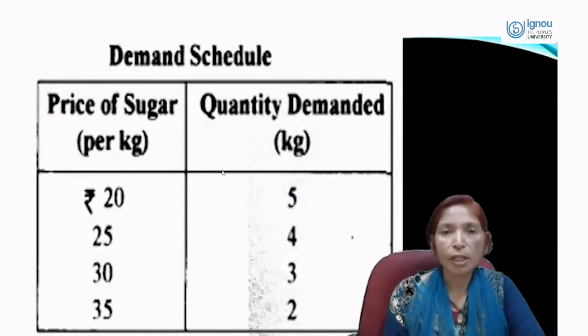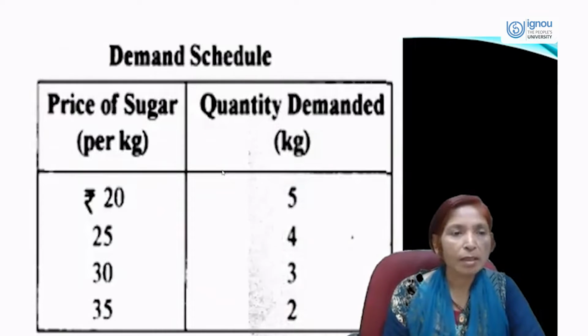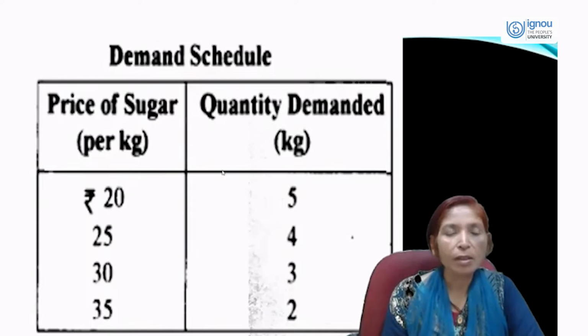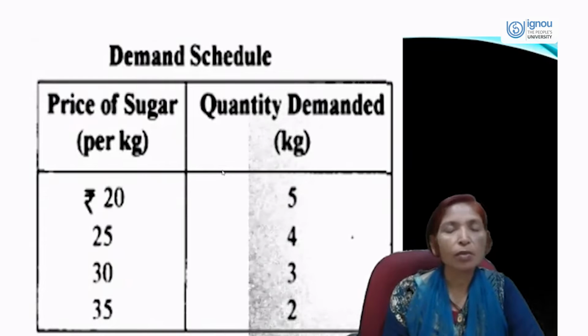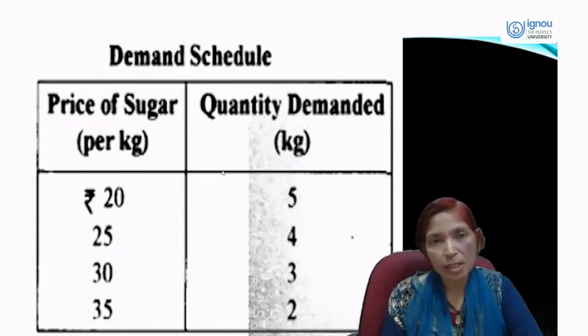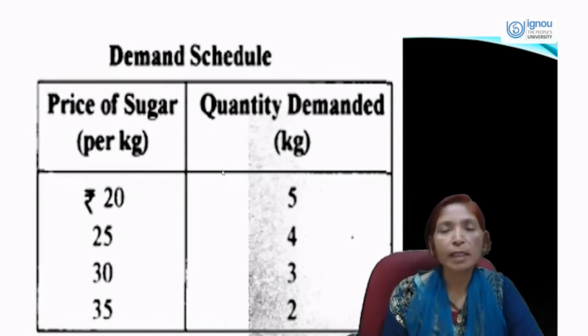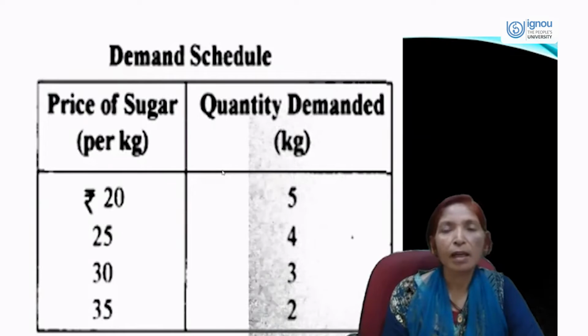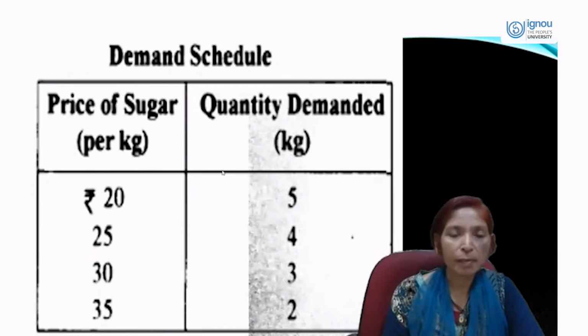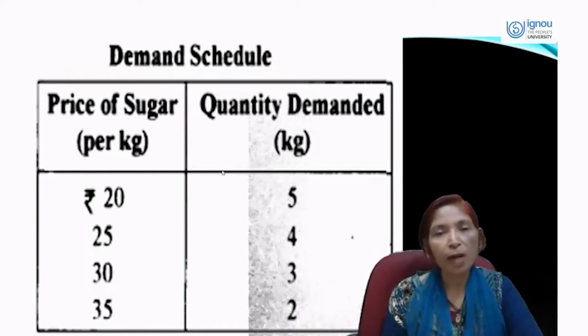Next is demand schedule. For example, here the price of sugar is given as rupees 20, 25, 30, 35. As the price increases, you know that there is an inverse relationship between price and quantity demanded. So when the price of sugar rises, then demand for sugar will fall. At 20 rupees price, demand will be 5.